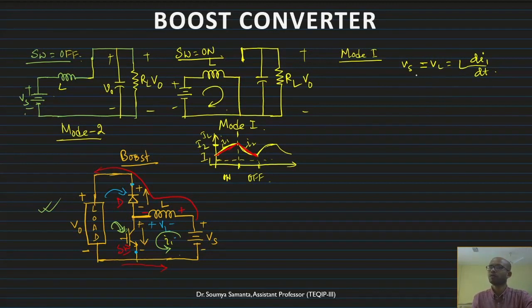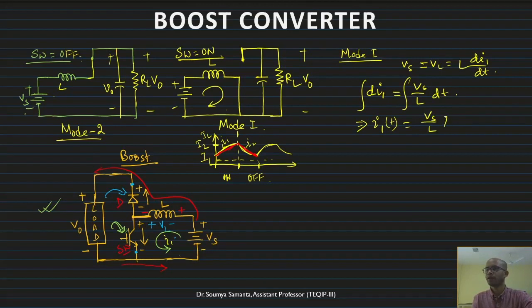Now suppose di1 equals Vs by L into dt. If I integrate both sides, we will get I1 in terms of T, which equals Vs by L into T plus I1 initial condition. This is the first expression for I1.